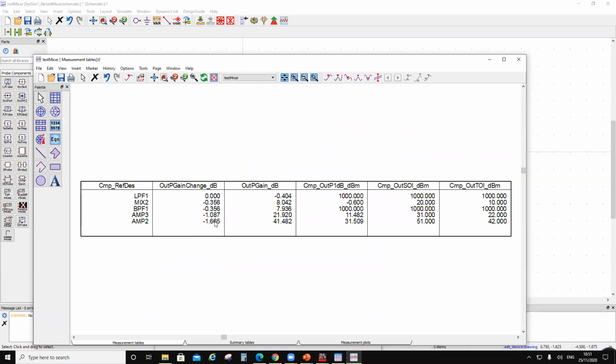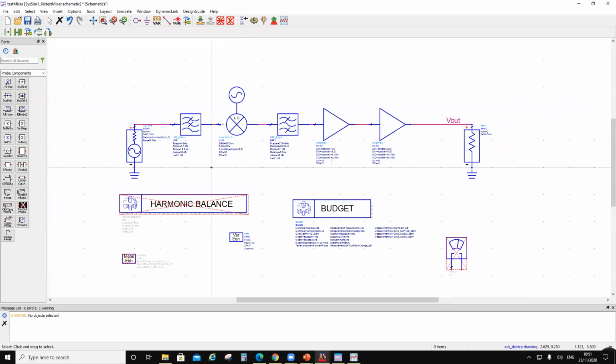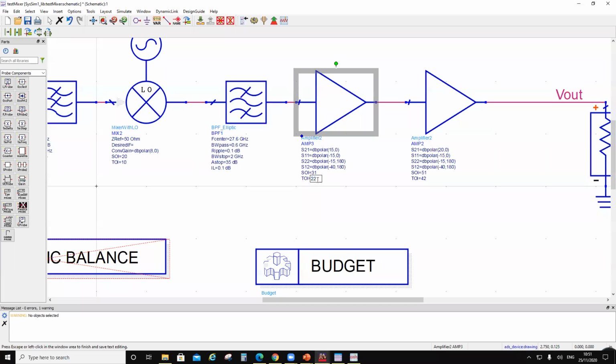Let's look at it: 1.6 dB compression is there. 0.7 dB is coming from amp 3. So that means I have to bump this up, let's say by another 2 dB here, and run this again.